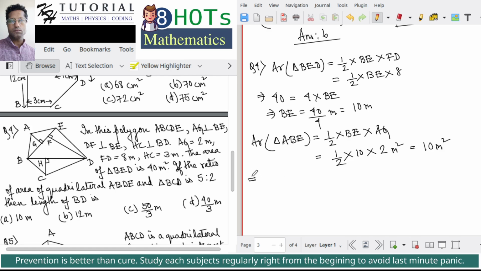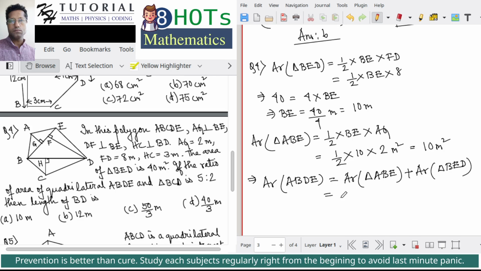We can clearly see the area of quadrilateral ABDE is the sum of the area of triangle ABE and the area of triangle BED.